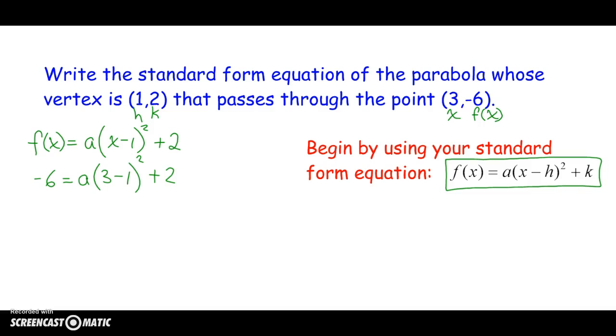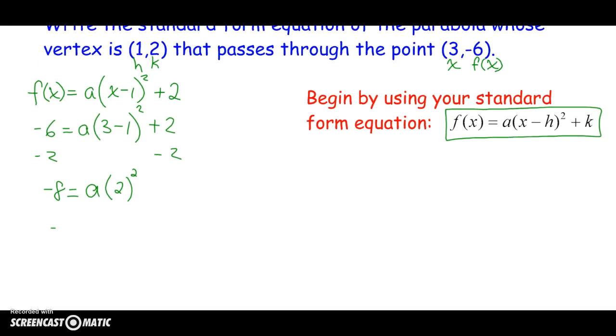Now we're just going to use some straightforward algebra to solve for a. So I can subtract 2 from both sides. I get negative 8 equals a times 2 squared. 2 squared is also known as 4. So we get negative 8 equals 4a. Divide both sides by 4. A equals negative 2.